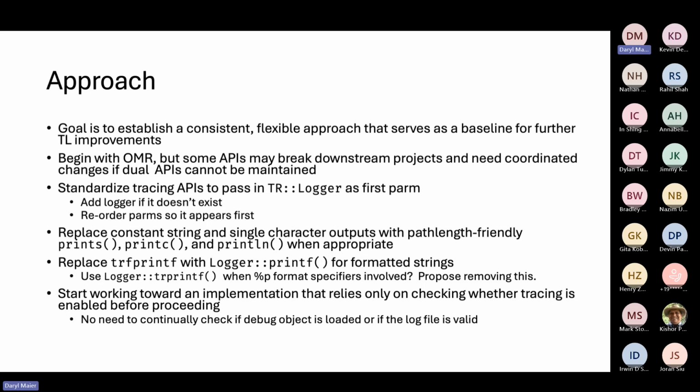And we do those checks all over the place. There are places in the code where, if you're that deep into the code, you should not be checking this stuff anymore. You would have to know that. And in fact, that isn't really even the right way to check whether or not you should be doing tracing and logging, whether or not this debug object is around.